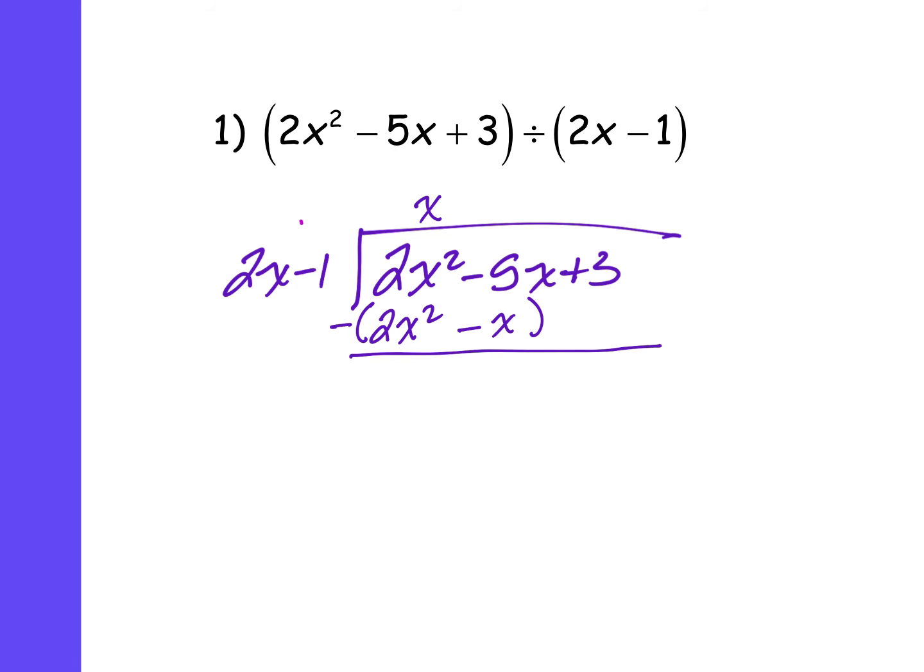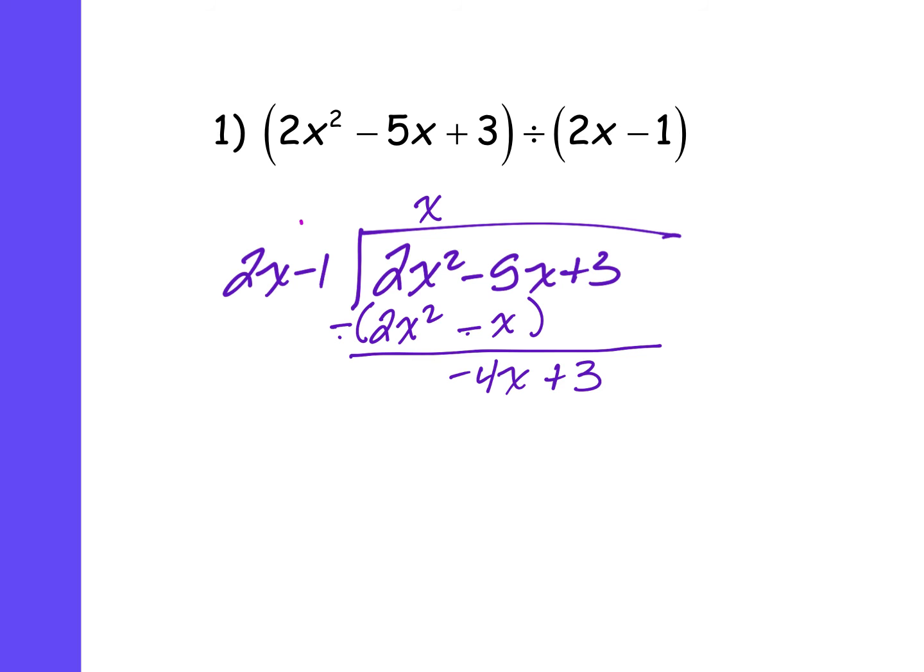So that gives me 0. And negative 5x minus a negative x gives me? Negative 4x. Oh, wait. Minus a minus becomes a positive. Great, awesome. Okay, so 2x times what gives me negative 4x?